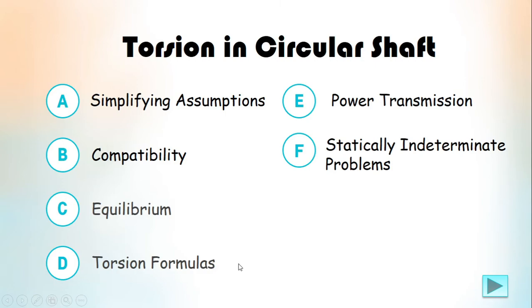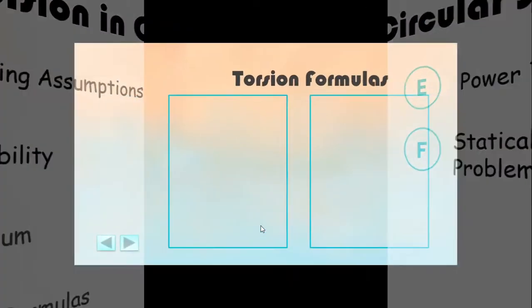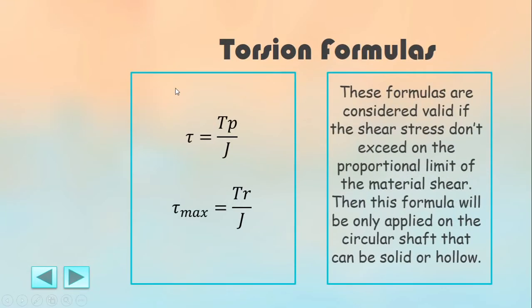Then we have torsion formulas, where shear stress is acting at a distance from the center of the shaft. In finding maximum shear stress, we replace the distance by the radius of the shaft.